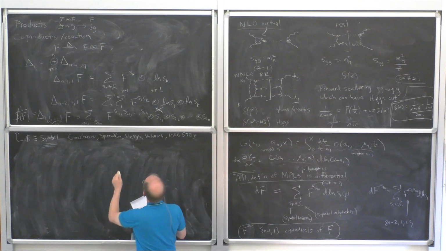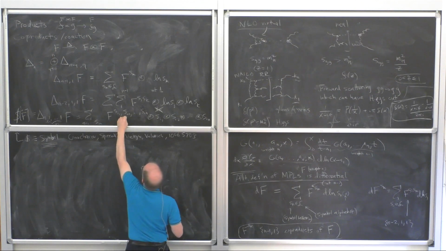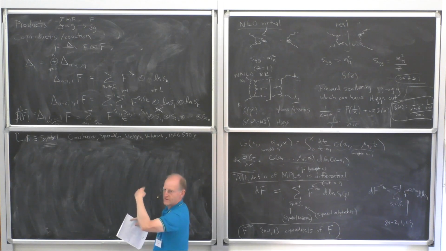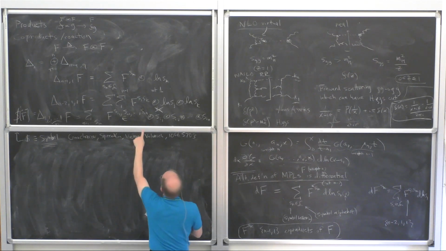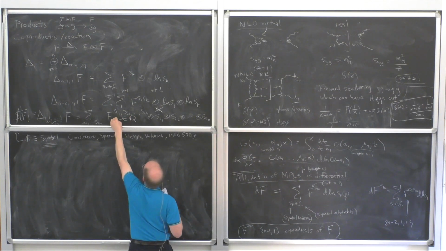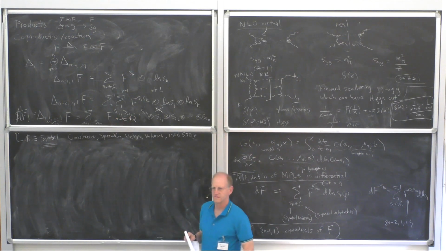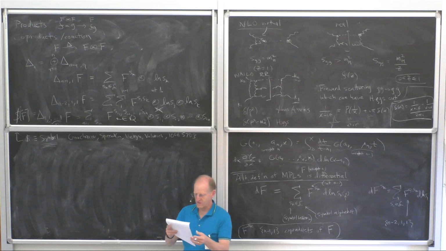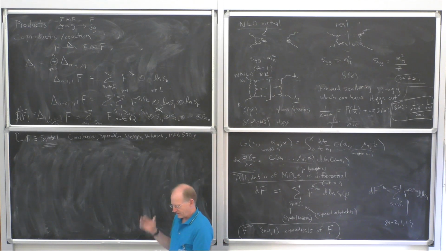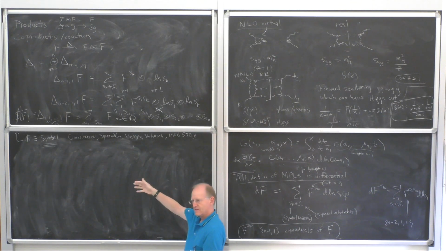So I should say these things up here, this was the logarithm, but we kind of wrote everything as coefficients times the logarithm, and these are rational numbers, these coefficients here. Some cases, if you normalize things right, they're all integers.